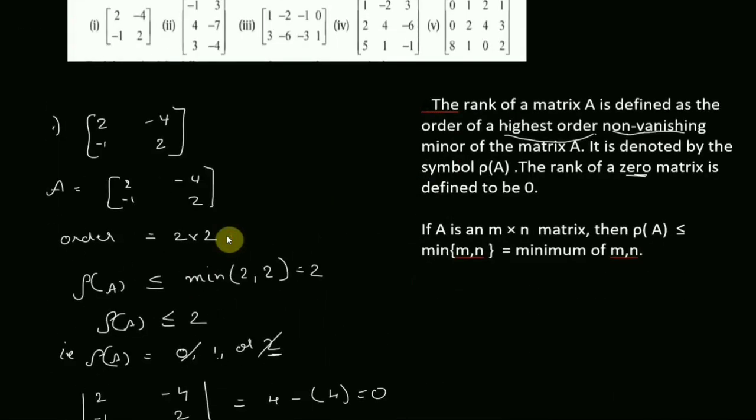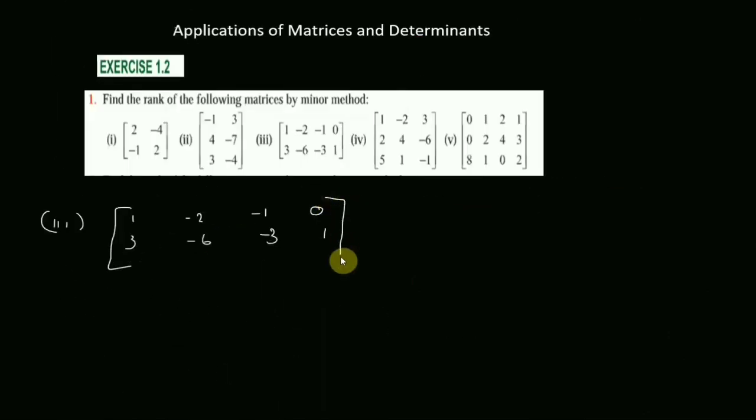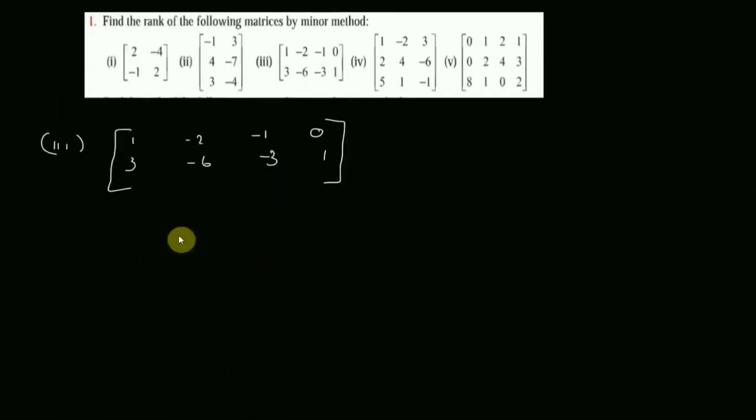Now we'll move on to the third question. Matrix A is [1, -2, -1, 0; 3, -6, -3, 1]. What is the order of this matrix? It is a 2 by 4 matrix, isn't it? There are 2 rows and 4 columns.